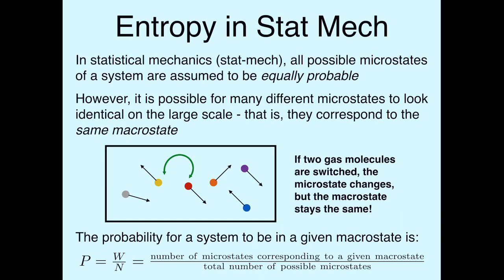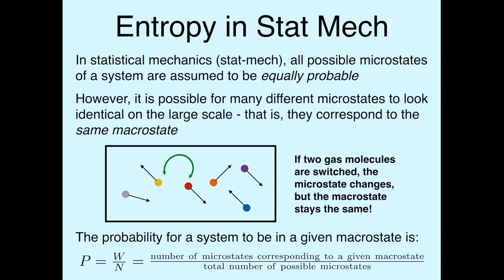So we can count the number of different microstates that correspond to a given macrostate. That's something we can always do. And we can also count the total number of possible microstates. If we take that ratio, that's the probability of finding our system in a given macrostate.